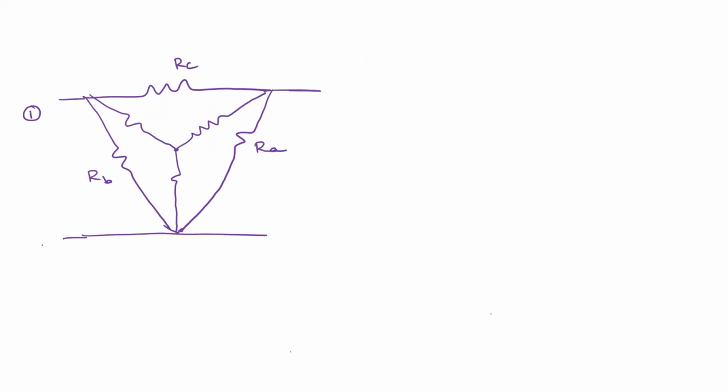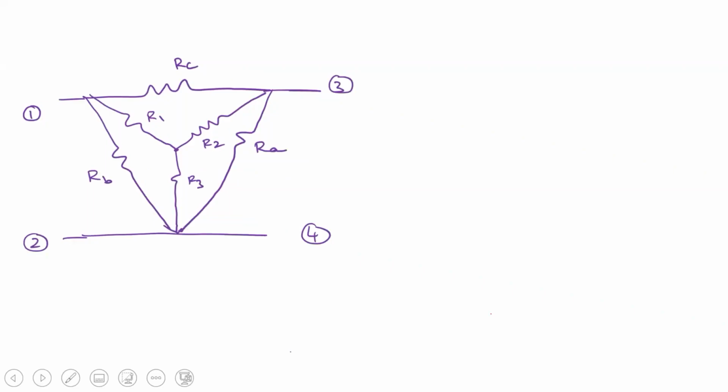Say this is 1 here, 2 here, 3 here, and resistances are R1 here, R2 here, and R3. Originally you have delta, and these three are its equivalent resistances when you change this delta connection into star connection. R1, R2, R3 are its equivalent resistances.